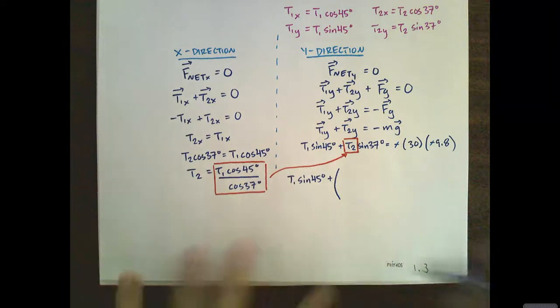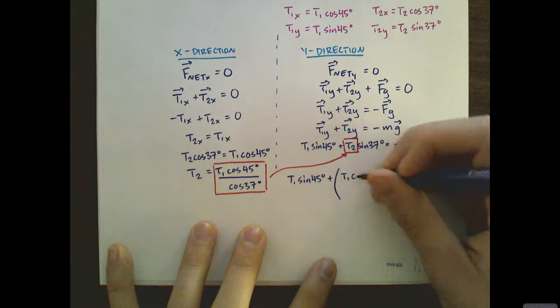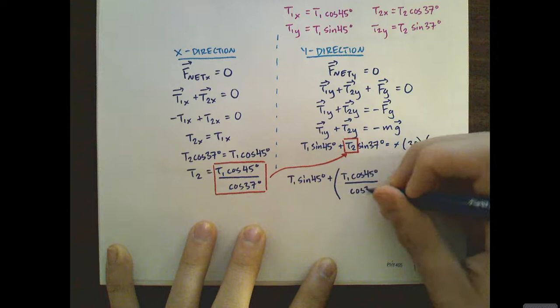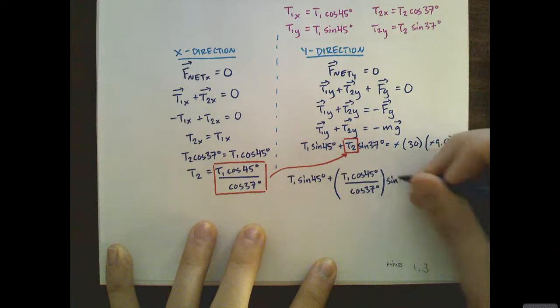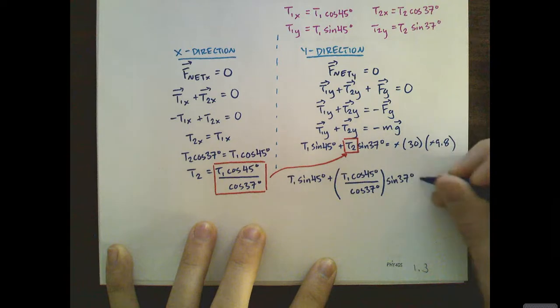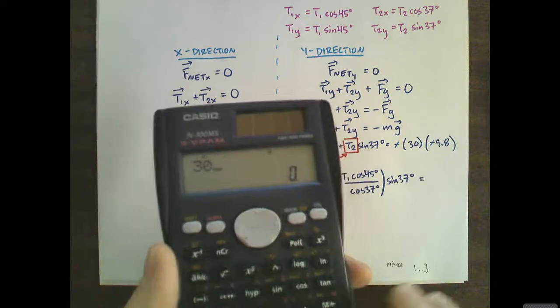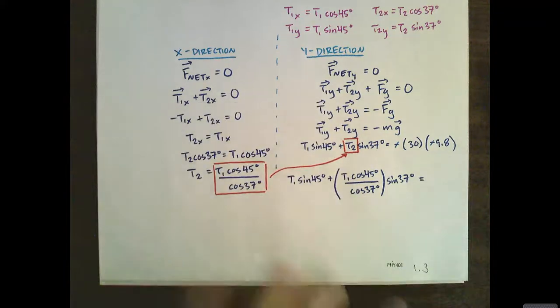So now we have an actual answer for T2. So T1 cos of 45 degrees divided by cos of 37 degrees multiplied by sine of 37 degrees. And let's just plug into our calculator what 30 times 9.8 is: 294.